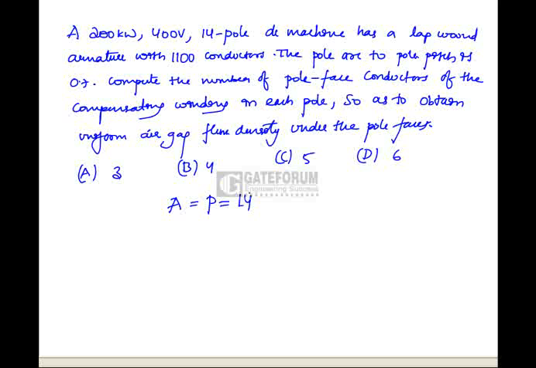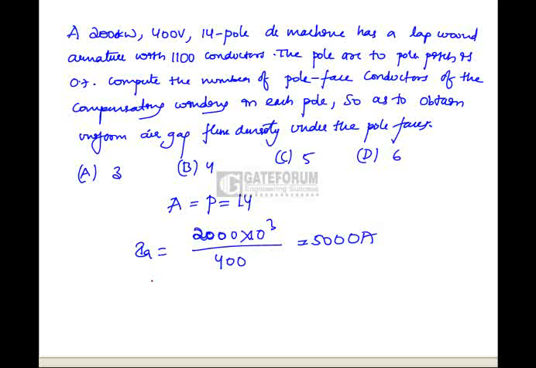Now the full load armature current we can find from the rating of the machine, 2000 kilowatt, so 2000 into 10 power 3 divided by 400. Since it's a DC machine, there is no need of power factor. We get 5000 amperes. That is the full load armature current.